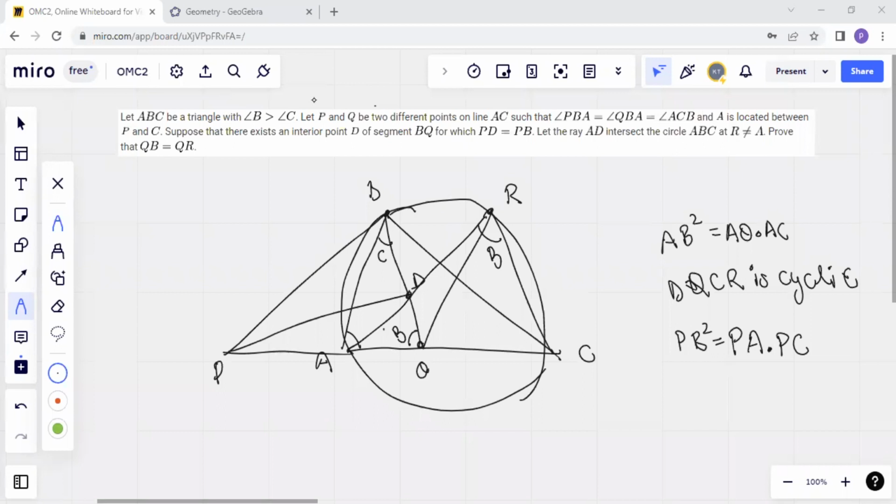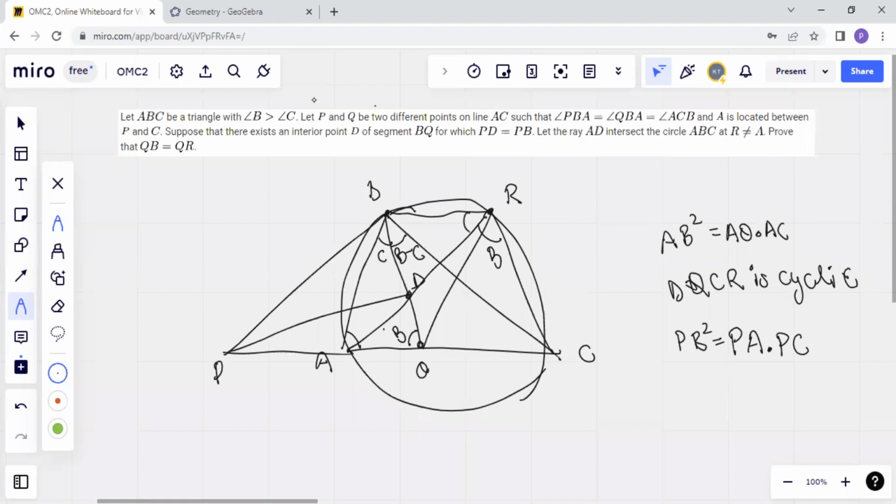Any ideas? How would we prove QB is QR? Angle chasing? Yes. So you want to prove angle QBR equals angle QRP. You know this angle, right? This angle is B minus C. And you also know this angle.